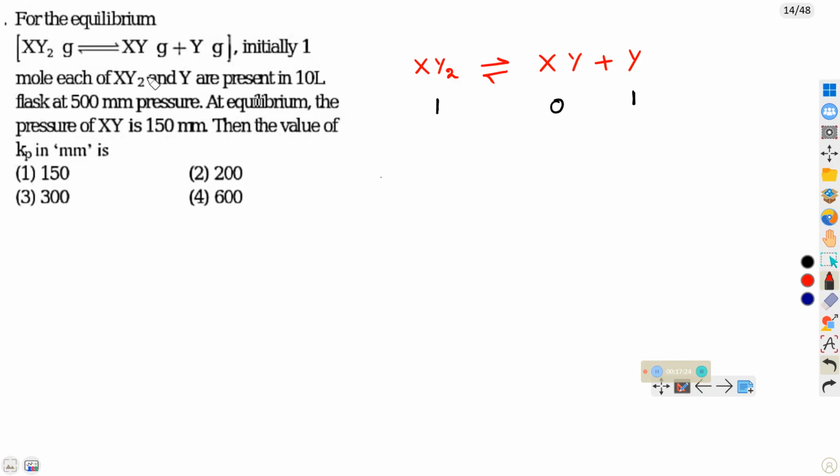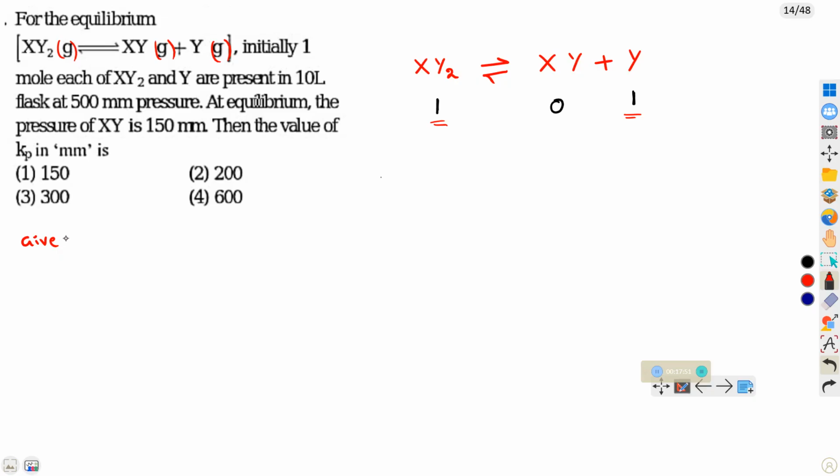XY2 gives rise to XY plus Y. Initially 1 mole of each of XY2 and Y are present in a 10 liter flask at 500 mm pressure. At equilibrium, the pressure of XY is 150 mm. Then the value of Kp.